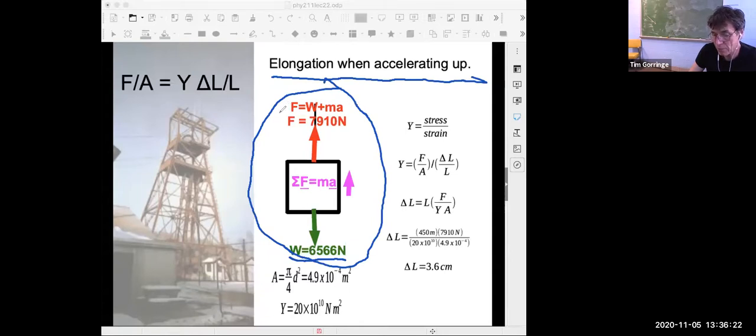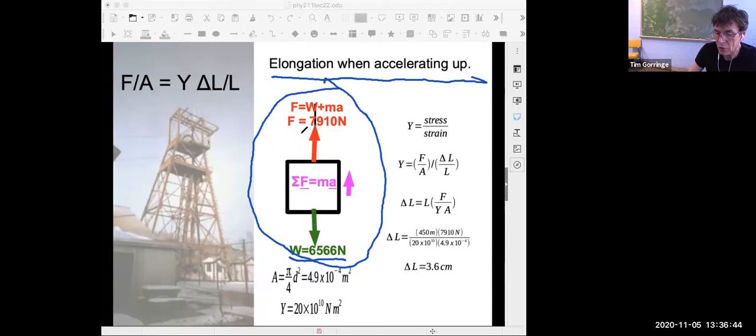And so that tension force, I call it F here, must not only counteract the weight, 6,566 newtons, but must additionally provide an extra force, ma, to cause the acceleration.